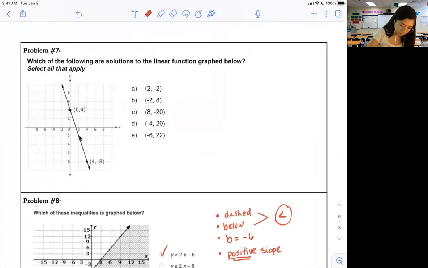Yeah, in, good. So A is one of them. How about -2, 8? That's just outside, so no. Then the rest of them are not on this graph. They're not in this box.